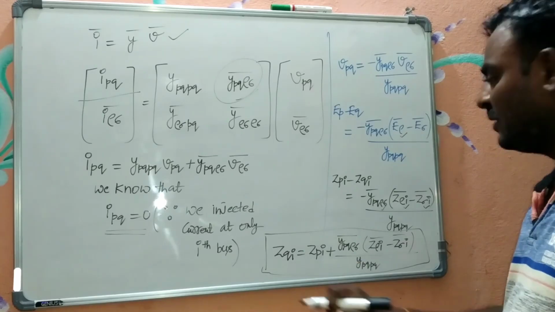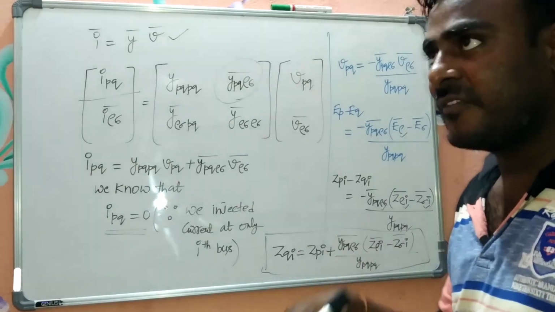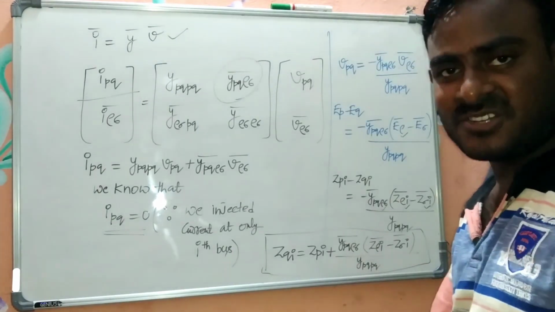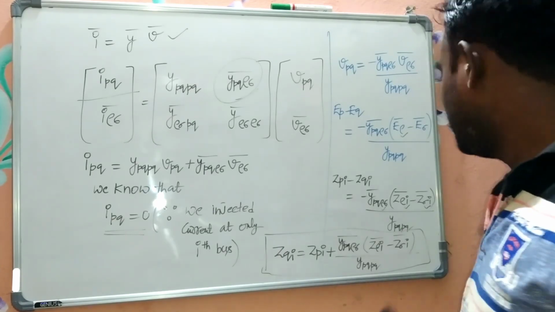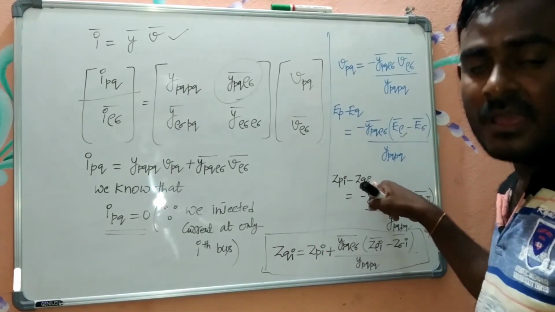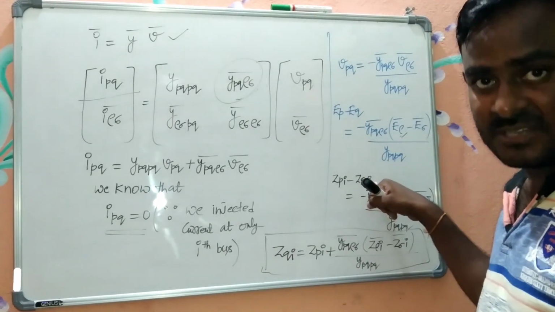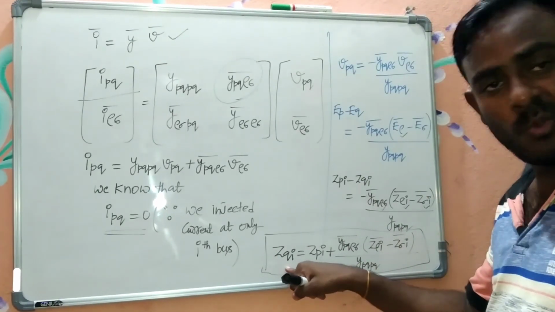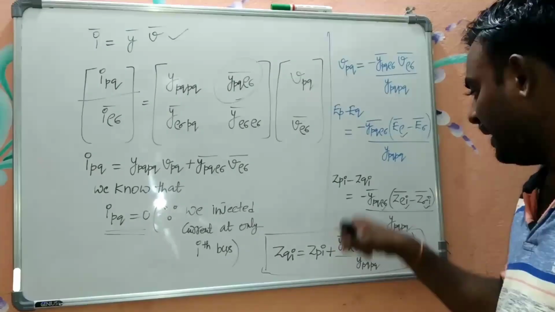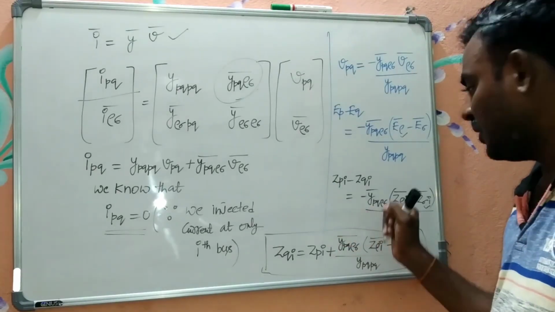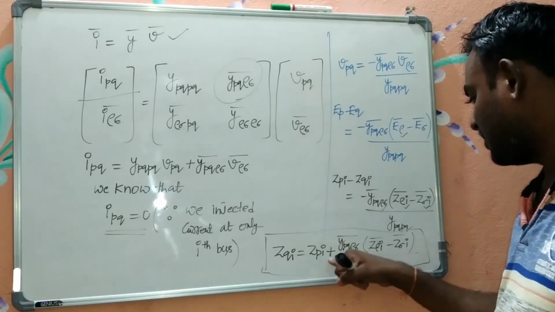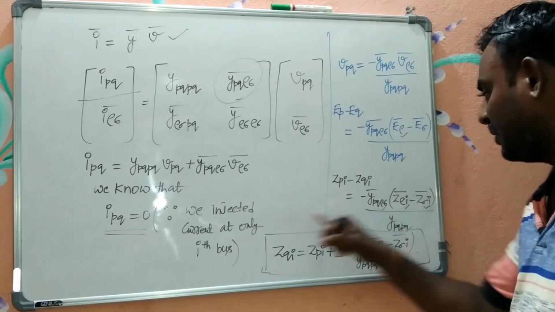Now from this, what do I need? I need the off diagonal elements of the extra row and extra column. If I know ZQI, I can automatically find ZIQ. So I want to write the equation for ZQI. Hence ZQI is equal to ZPI, and if you send this term here, you will get a positive sign, so plus YPQ rho sigma bar into this value.